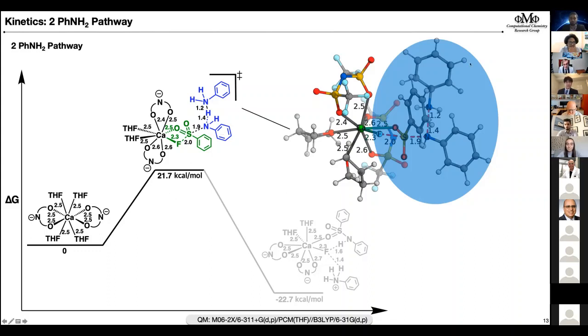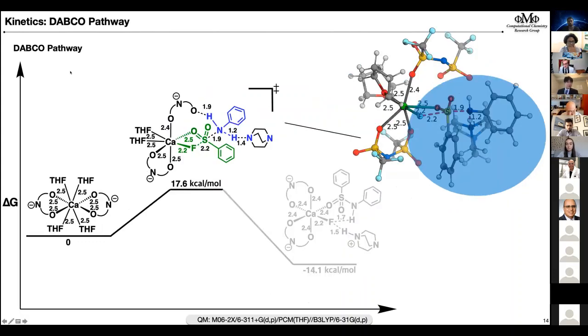Let's examine the 3D structure of the transition state. We have the aniline nitrogen in the back, deprotonating that proton attached to the nucleophilic aniline. Then as it happens, negative character is developing on the nitrogen of the nucleophilic aniline, and that nitrogen performs a nucleophilic attack, displacing that fluoride ion. At the same time, calcium stabilizes that fluoride ion, forming our final product over here in the product complex.